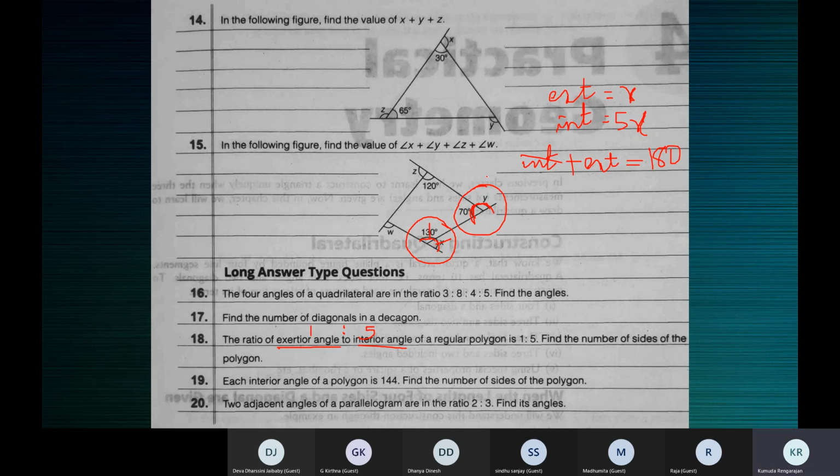So you will get x plus 5x. Am I audible? Yes, ma'am. Okay, so x plus 5x is equal to 180. 6x is equal to 180. x is equal to 180 by 6. x is 30 degrees. That's how you start.